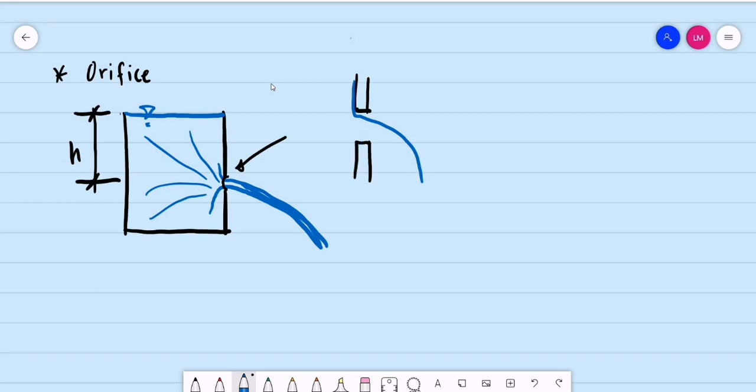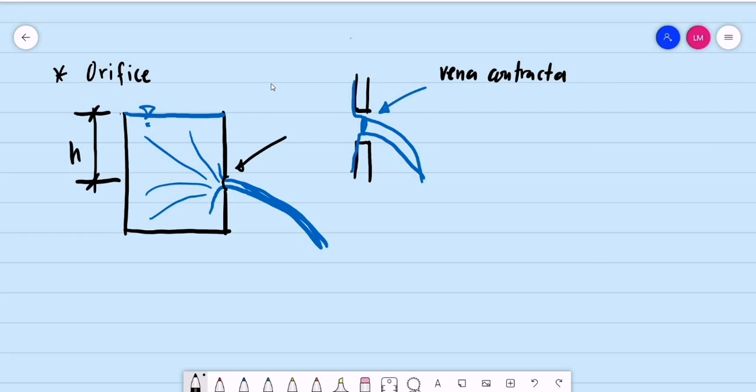Since it is contracted, it will not fully occupy the area of the orifice. So this contracted area is also known as the vena contracta.